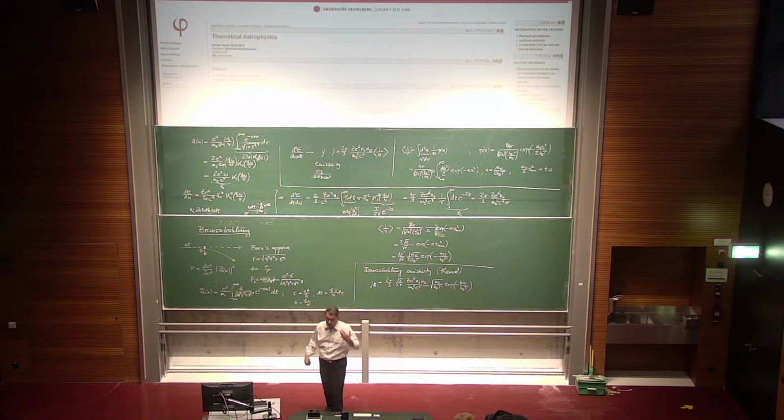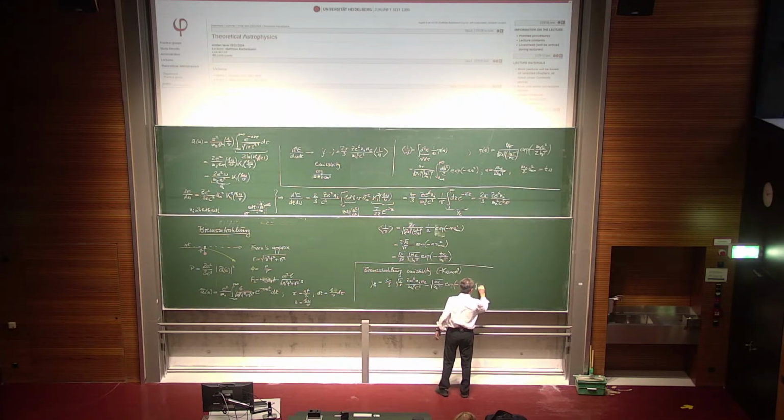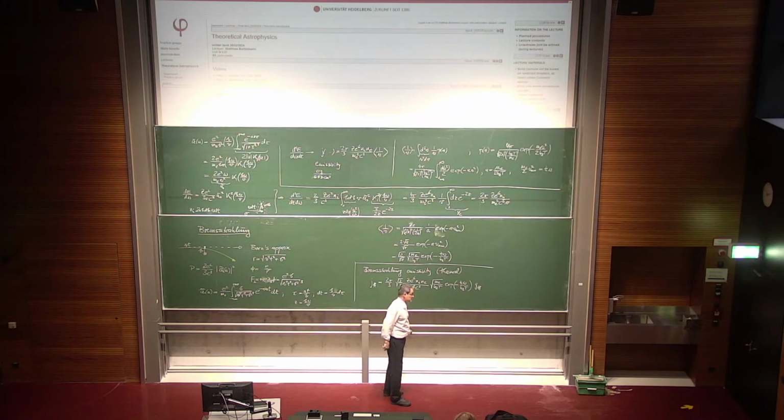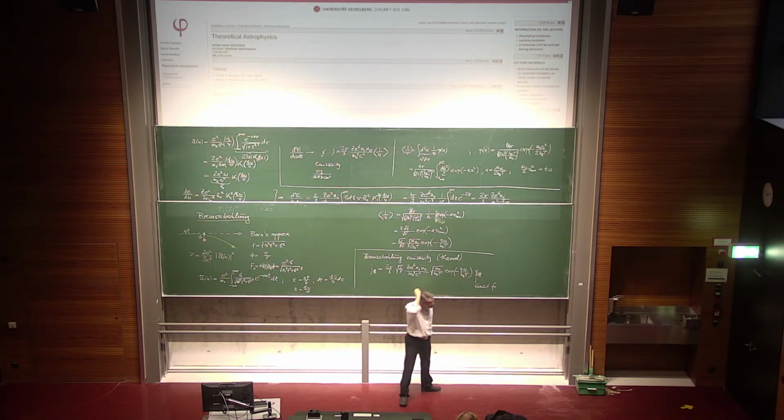I told you there are quantum effects that you have to take into account. If you do this correctly, you get a correction factor, which is called the Gaunt factor. In all applications that I've seen so far, it is a good approximation to say GFF is 1.